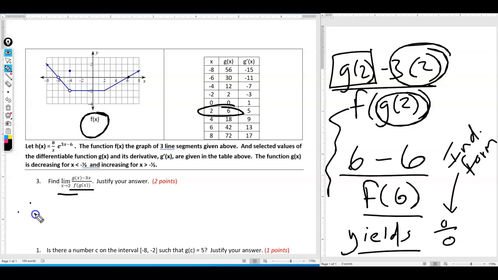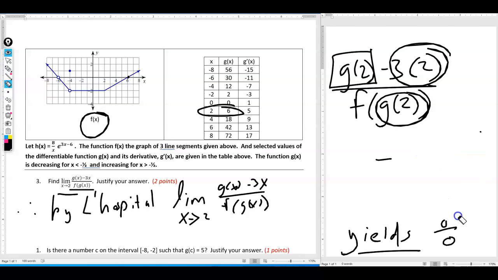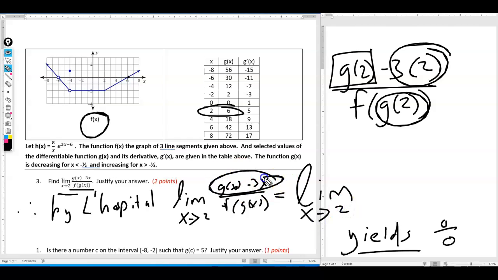So now you would say, therefore, by L'Hopital, the limit as x approaches 2 of g of x minus 3x over f of g of x is the same thing as, gotta make some room here, the limit as x approaches 2 of the derivative of the top and bottom.